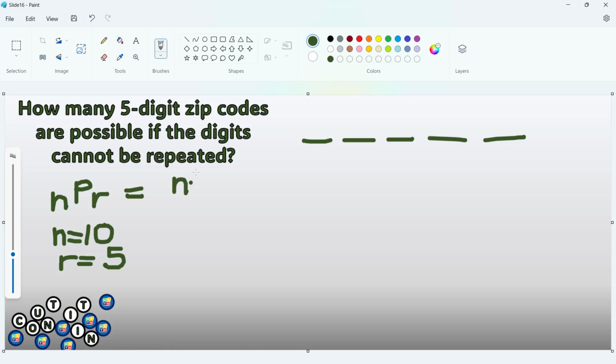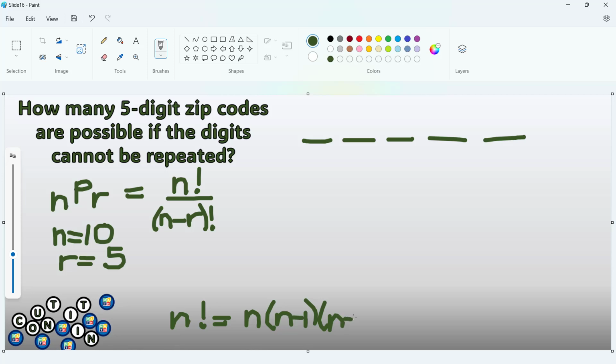We are going to take n factorial over the difference, n minus r factorial. So we also need to understand the idea of factorial. As mentioned in the previous videos, n factorial is just a product of n times n minus 1 times n minus 2 until you reach a constant of 1.